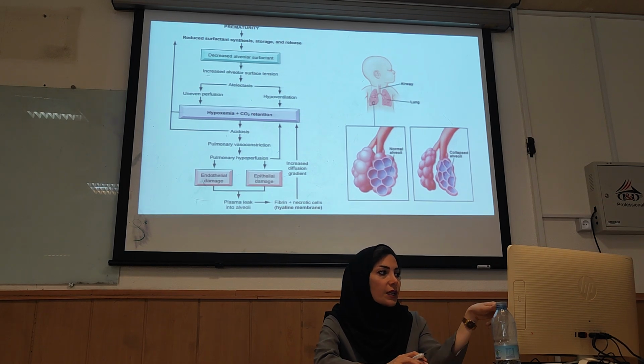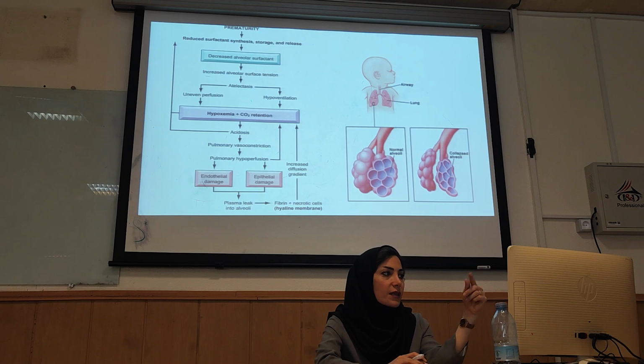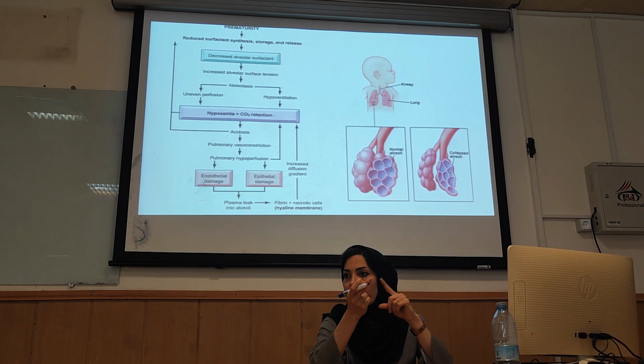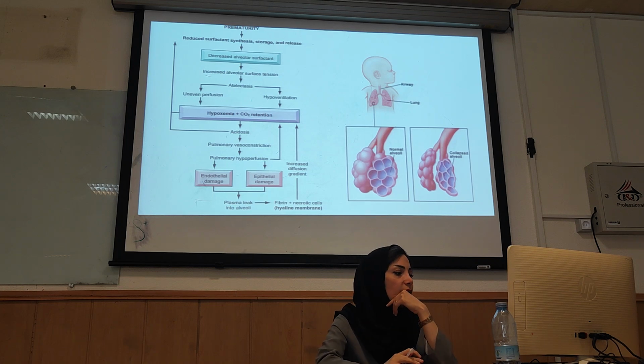Acidosis itself augments this circulation, and pulmonary vasoconstriction and pulmonary hypoperfusion contribute to endothelial and epithelial damage.